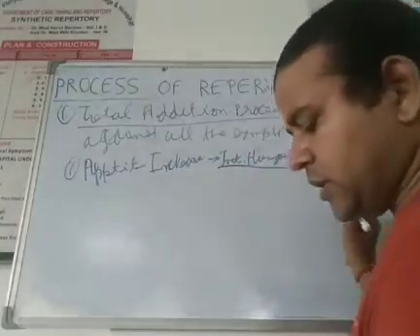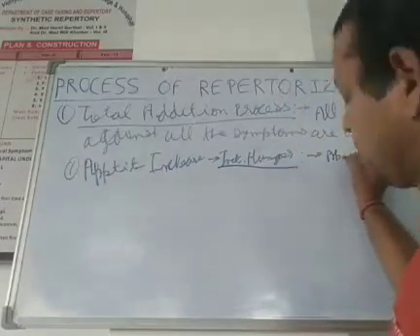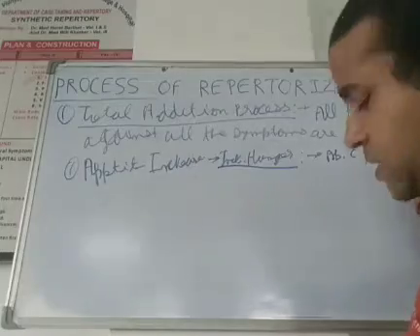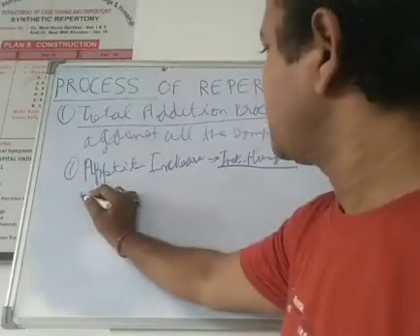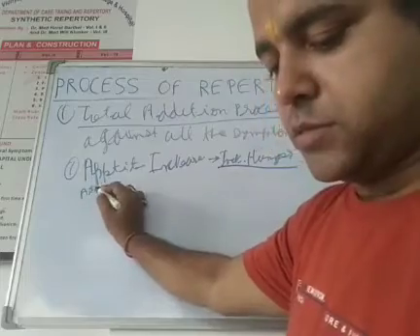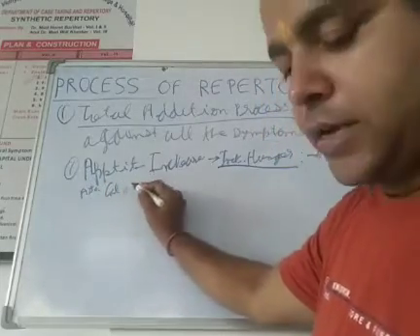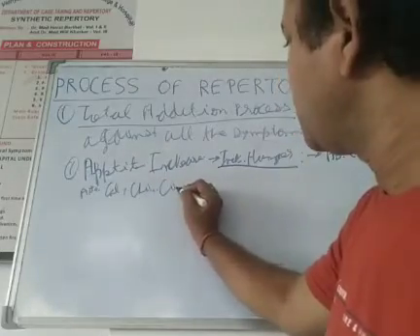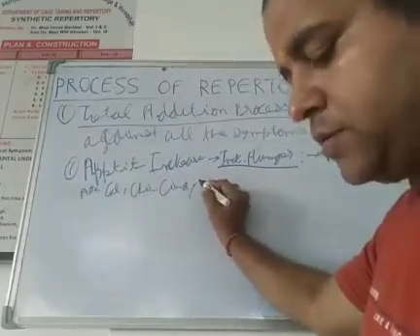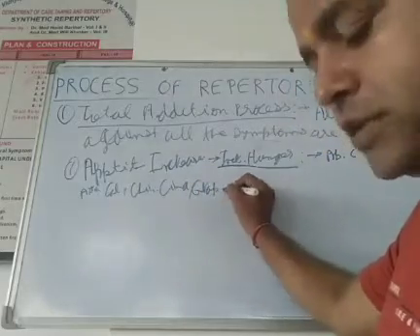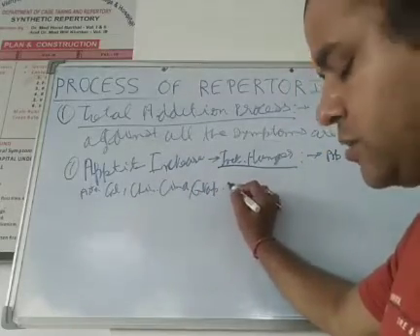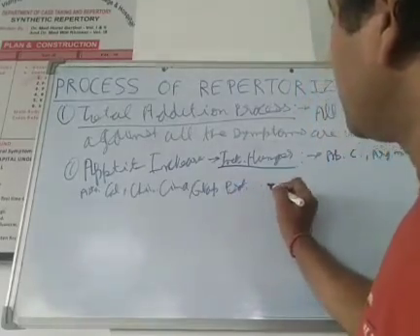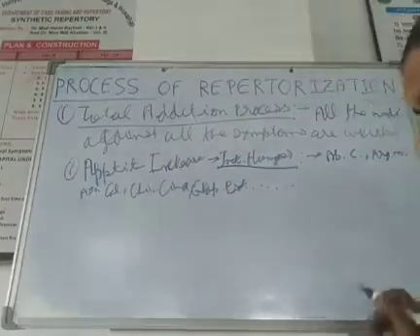So you will note down Abies Canadensis, Argentum Metallicum, Arsenic, Chelidonium, Cina, Graphites, Solanum, and so on.